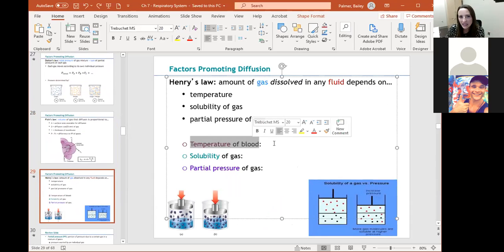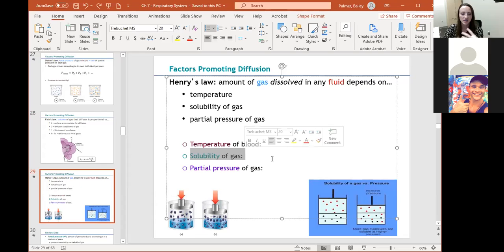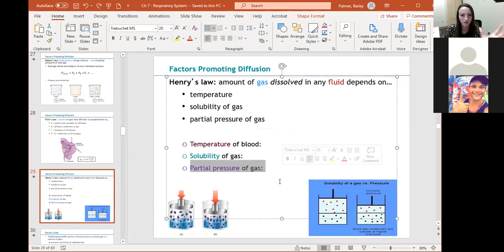We may see a slight increase in blood temperature, which will increase gas diffusion. Then solubility, which is the ease at which a solute dissolves into a solvent, and then partial pressure of the gas, which we know is that driving force that allows oxygen to move into a certain area.